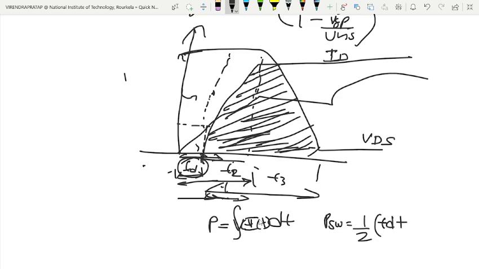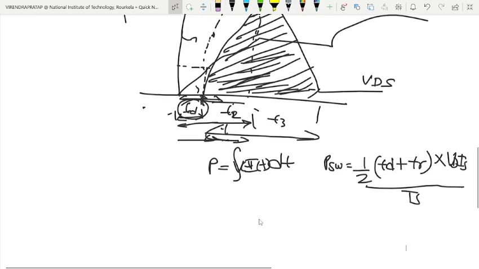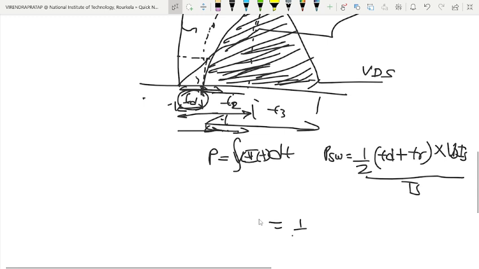This is delay time plus rise time, right? VDS, IDS into the time period of delay time plus rise time.